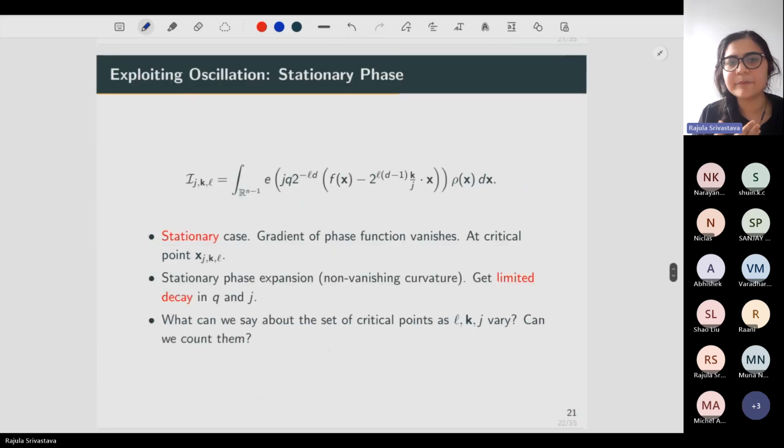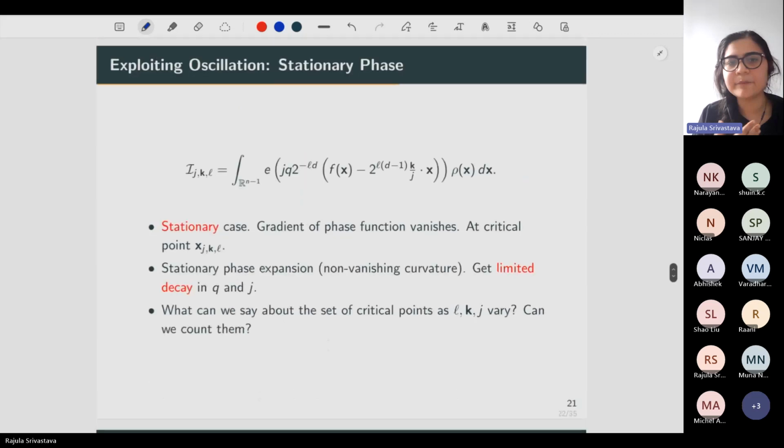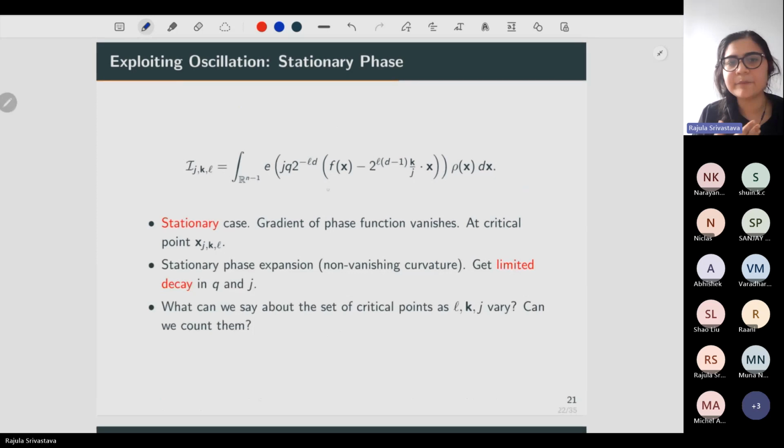But there is also the stationary case, when the gradient of the phase function does vanish. That gives you the critical point associated to this phase. Let's call that x_jkl because it depends on these 3 parameters. In this case, remember our rho lives away from the origin, where I know the curvature does not vanish.